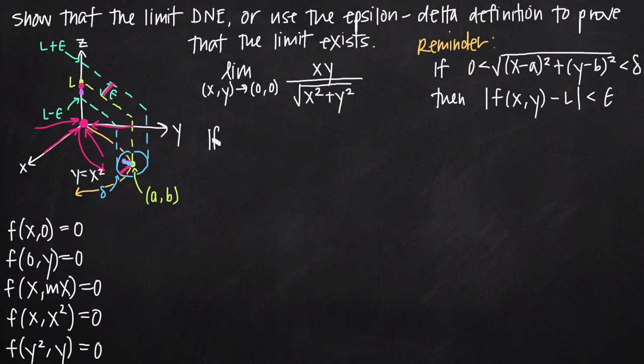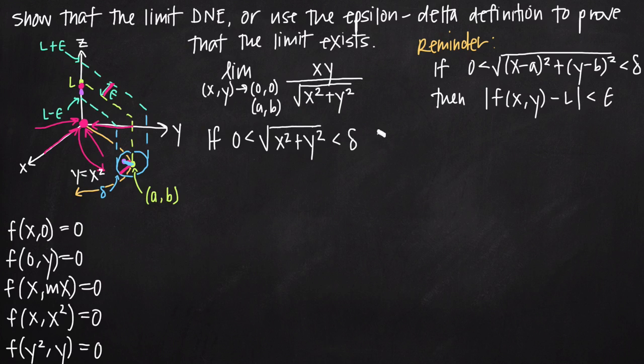So we're going to have, if 0 less than the square root, the point we're approaching, a, b, is 0, 0, right? This here is a, b. So we're going to plug in 0 for a and 0 for b, and as you can see, that's just going to leave us with x squared plus y squared underneath our square root. So we'll say square root of x squared plus y squared, and that's going to be less than delta.